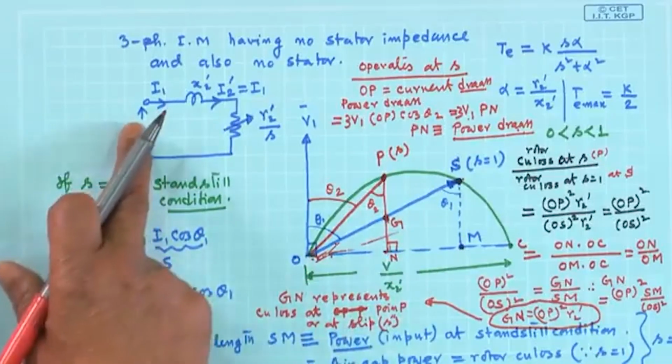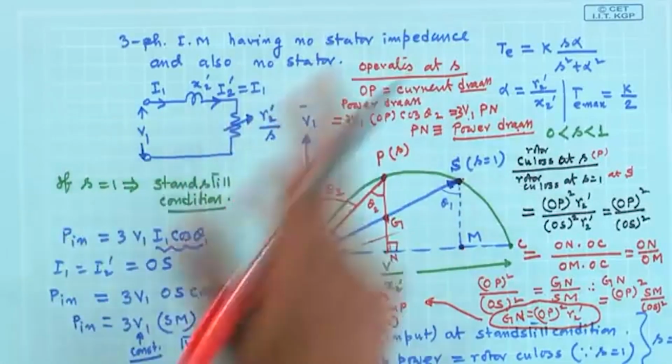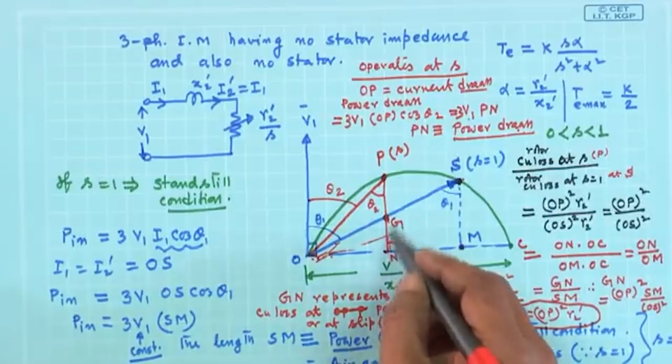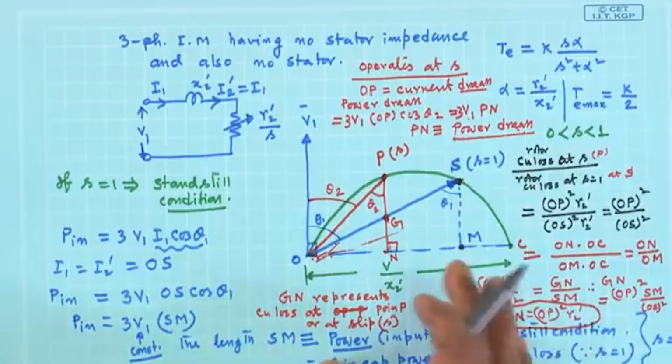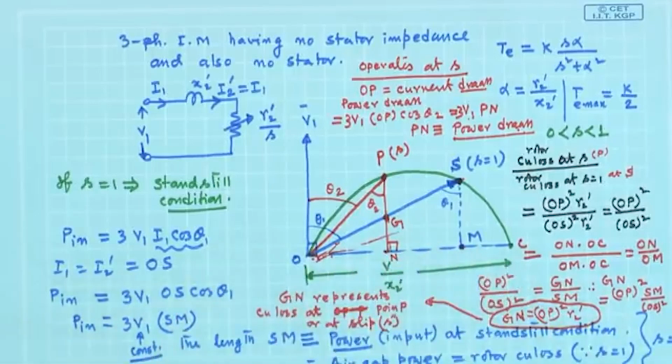Therefore, the input power minus the rotor copper loss must give me the mechanical power output, is it not.